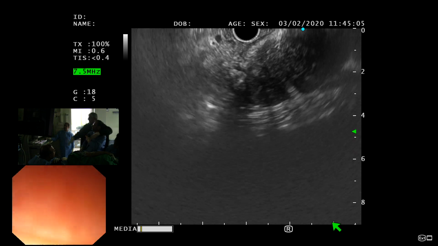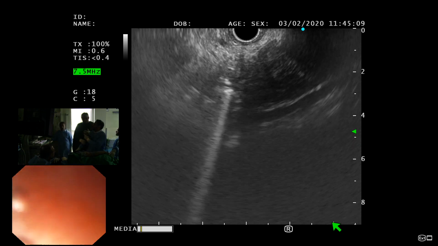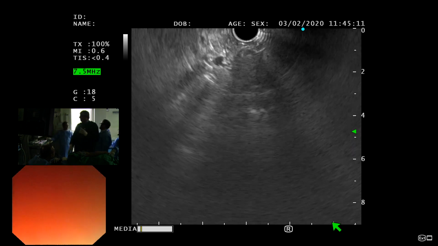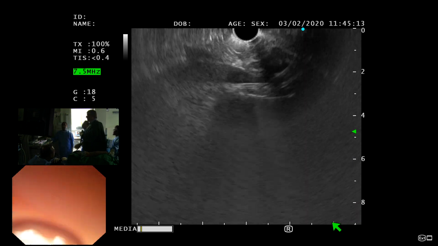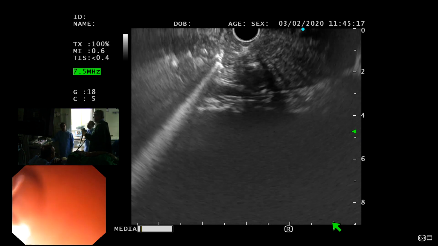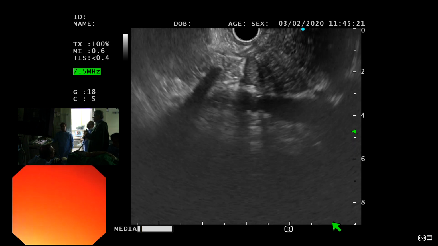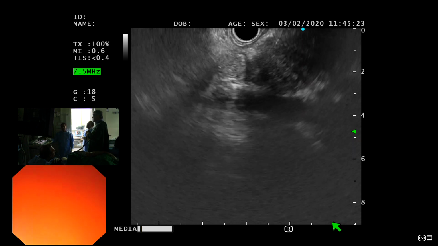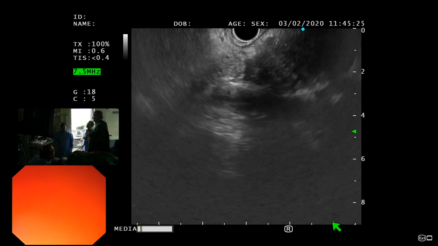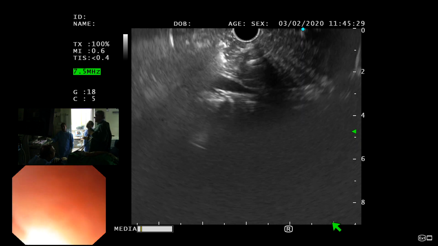Can you see that? Now you want to see the pancreatic duct here. If you get straight, look at this, what Khalid was showing. I can bring back gently here. That's your stent.